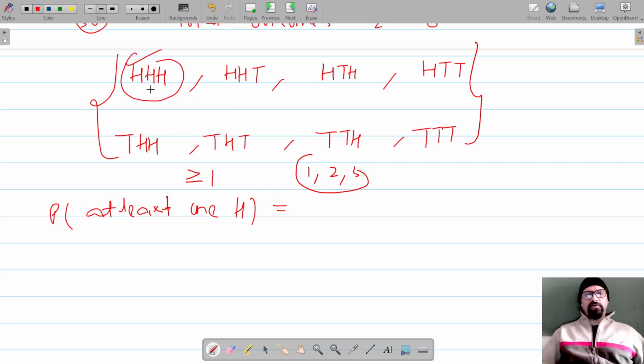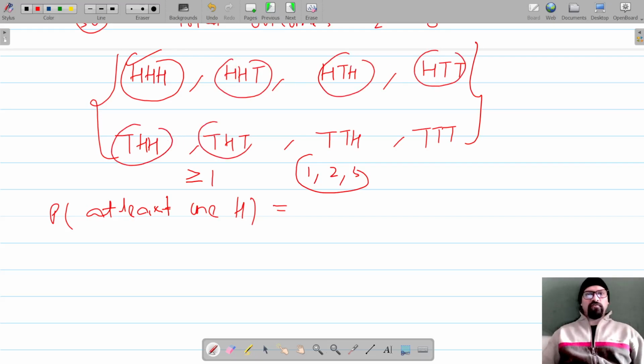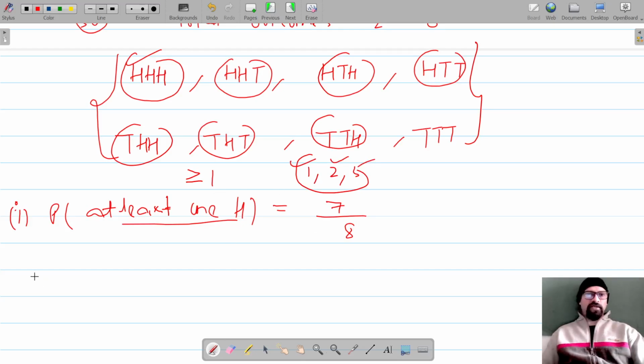We have to select this one because there are three heads, and the others have 2, 2, 1, 2, 1, and 1. So total outcomes were 8, and at least one head outcomes are 7. So this is 7 by 8, since the minimum can be 1 and maximum can be 3.